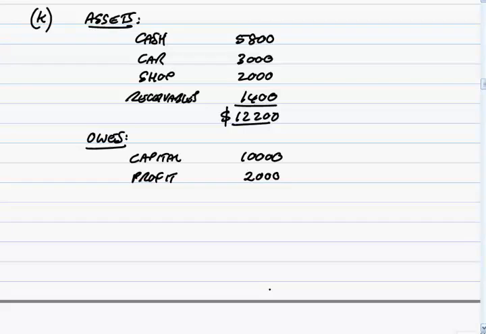Now, this transaction hasn't changed the profit. Whether the owner takes money or doesn't take money, the profit's still 2,000. But surely, if the owner takes some of that money, the owner is going to be owed less. Well, anything the owner takes out we call withdrawals.